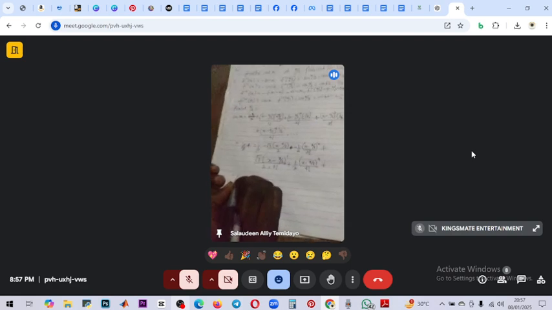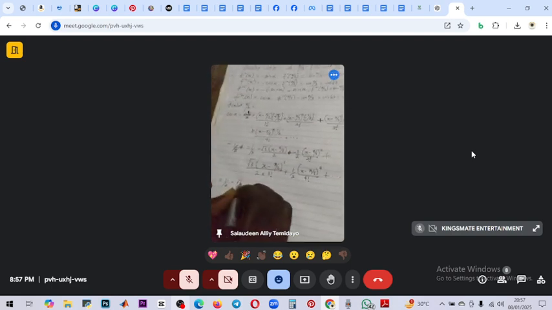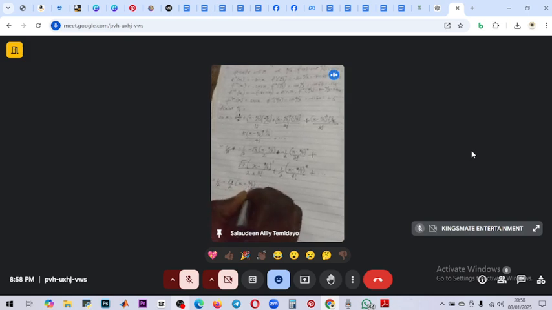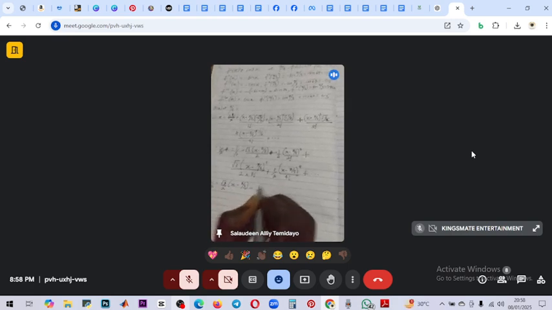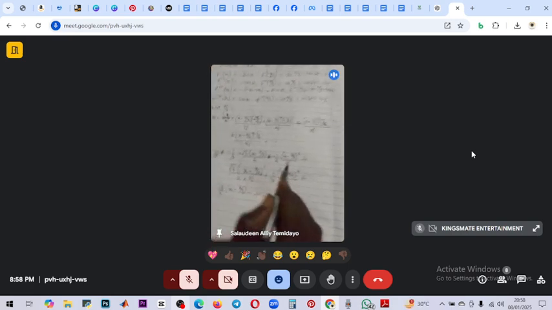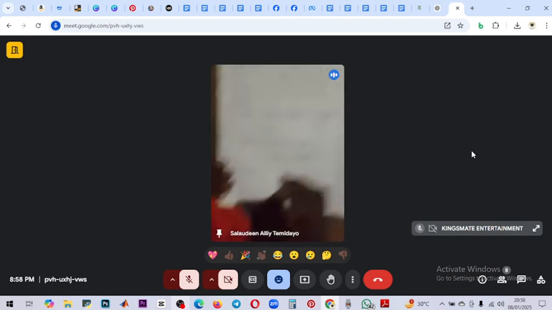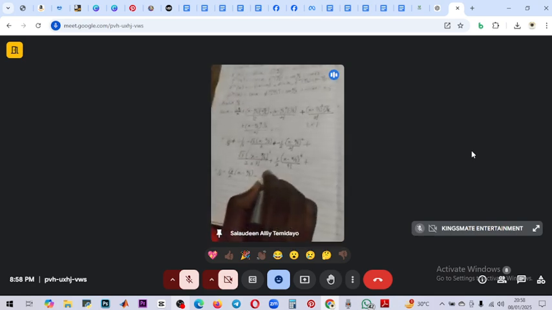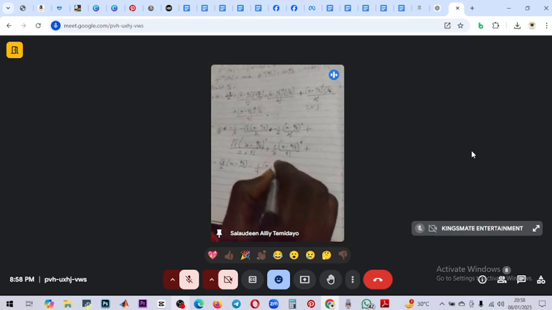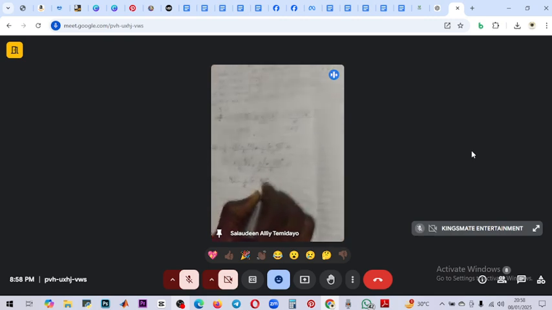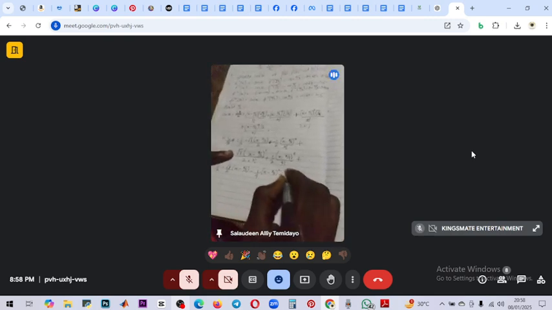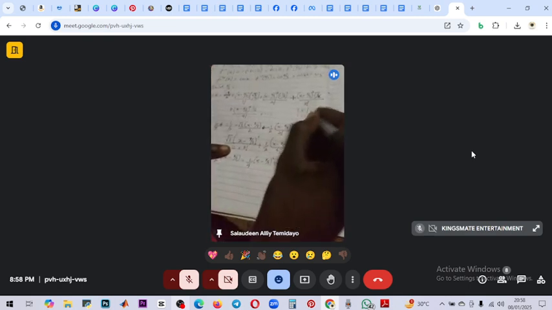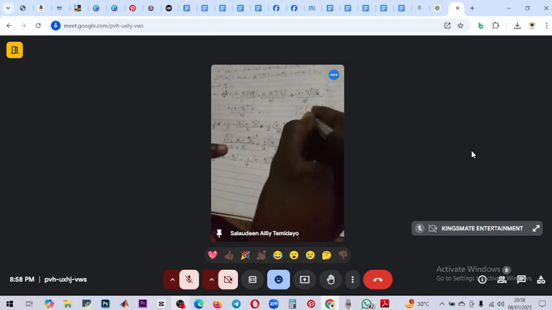So this is now going to be 1 all over 2 minus root 3 all over 2 times (x minus pi over 3) minus 1 all over, so 2 times 2 factorial, that is 2 times 1, and that is 2. I have 2 times 2, which is equal to 4, open bracket, (x minus pi over 3) squared, plus root 3 all over 2 times 3 factorial means 3 times 2 times 1, and that is 6, right?